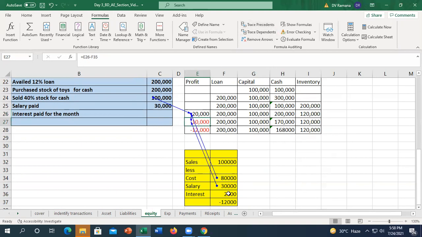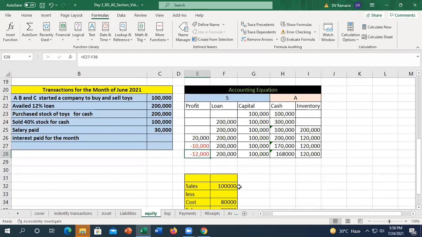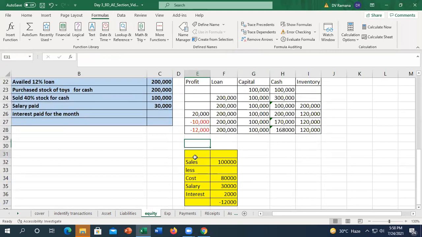It is 20,000 minus 30,000. How did we get negative 12,000? It is minus 10,000 minus 2,000. So profit can be derived as a balancing figure or from this income statement, which we did not discuss yet.